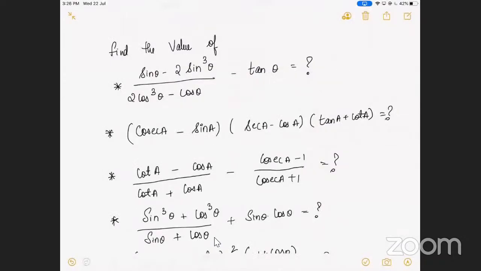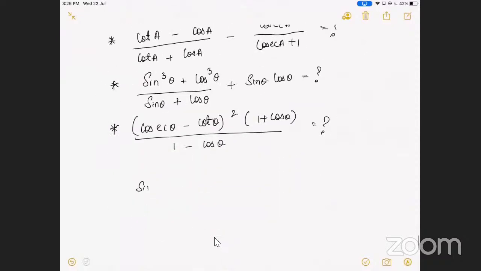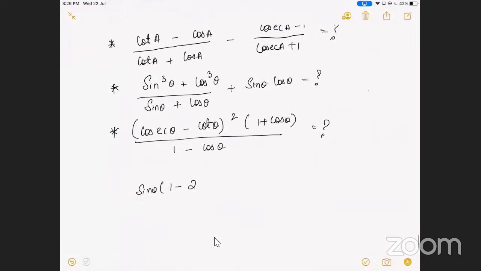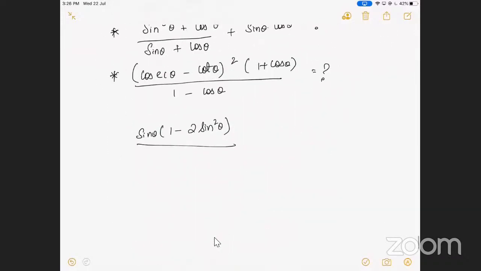Yes, sir. First we take sine theta common, which will give us 1 minus 2 sine square theta, and in the denominator we will take cos theta common, which will give us 2 cos square theta minus 1.